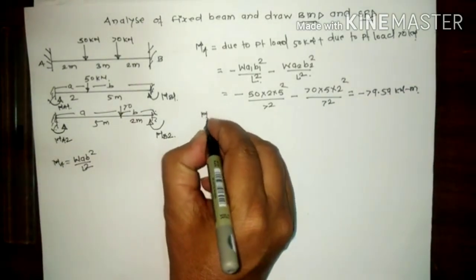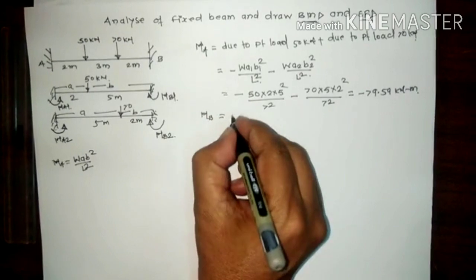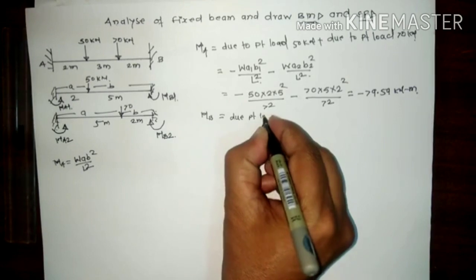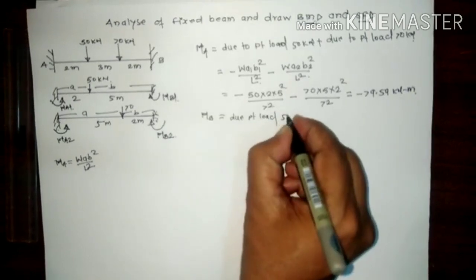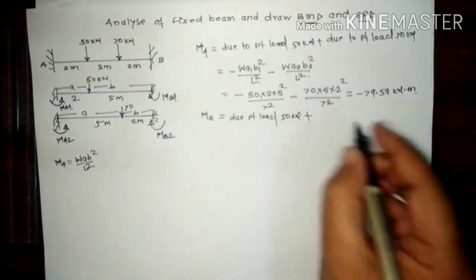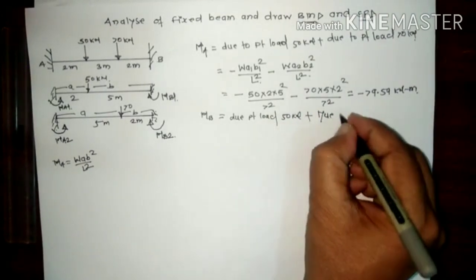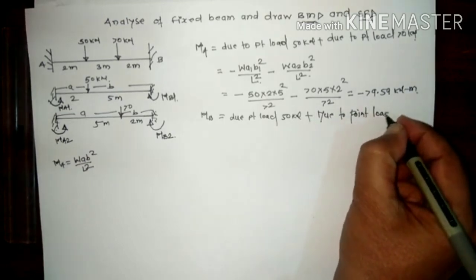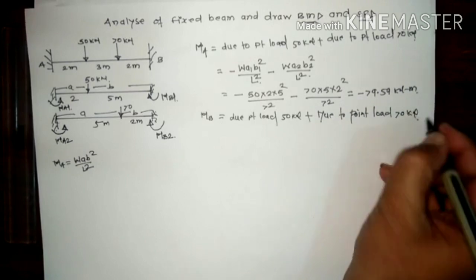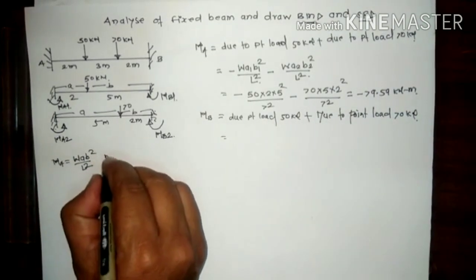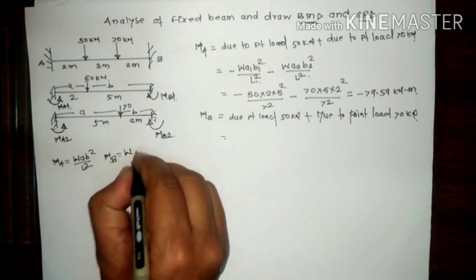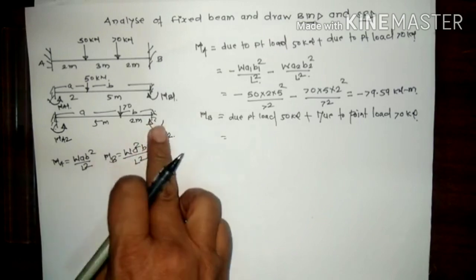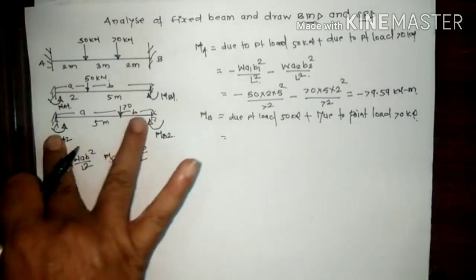Then on the same line, MB is equal to the moment due to the point load of 50 kilonewton plus that due to the point load of 70 kilonewton. The formula for MB is W A square B by L square. If you want to find B, then A square; if you want to find A, then B square.